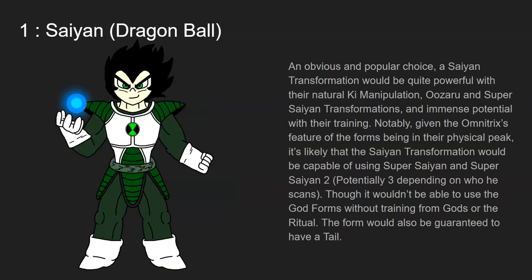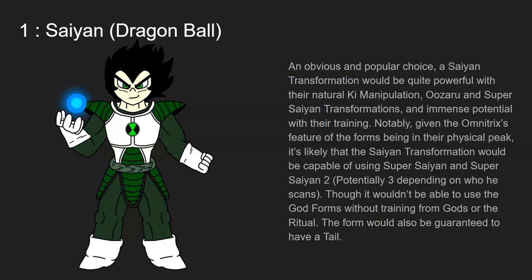And the first alien for the playlist is none other than the Saiyans. An obvious and popular choice, a Saiyan transformation would be quite powerful with their natural ki manipulation, Zenkai and Super Saiyan transformation, and immense potential with their training.